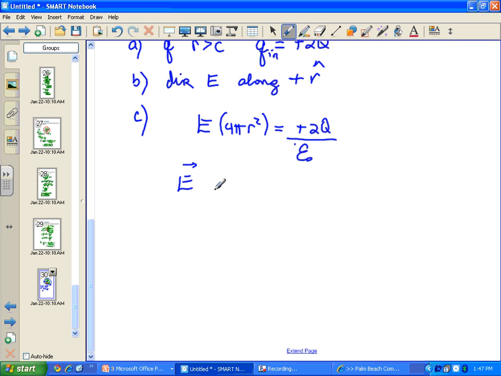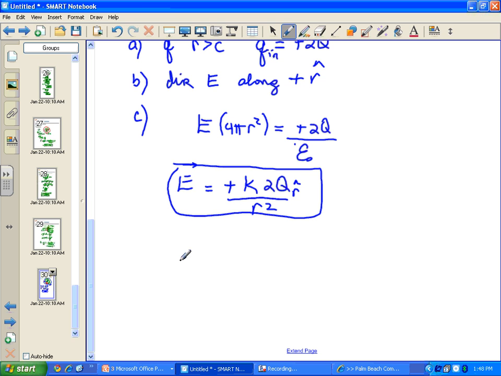Now we're ready to write E as a vector; 4 pi epsilon naught is k. E is therefore equal to plus k times 2Q divided by r squared. We leave this in symbolic form because there's an r hat vector here, and they didn't give us any numbers to work with. So that's the electric field for r greater than C.